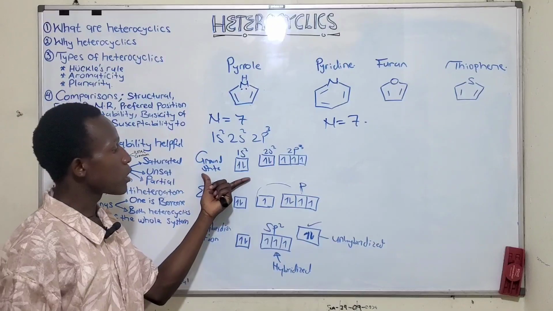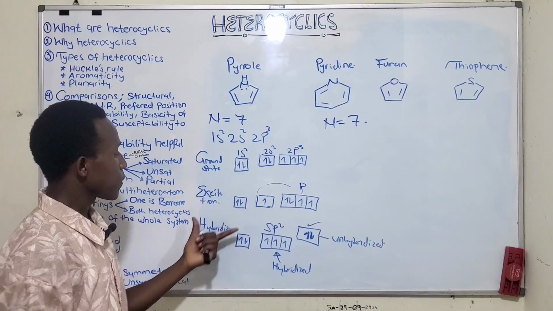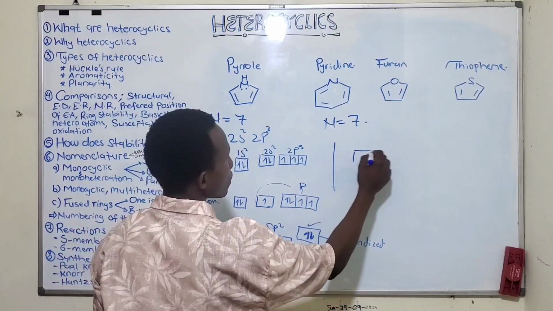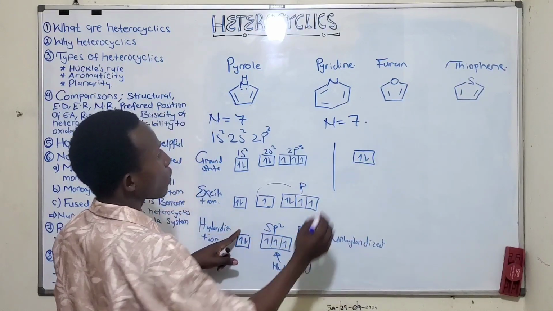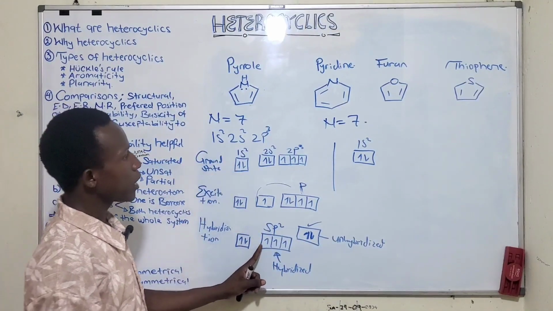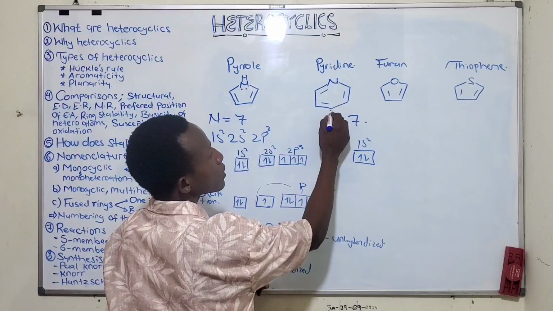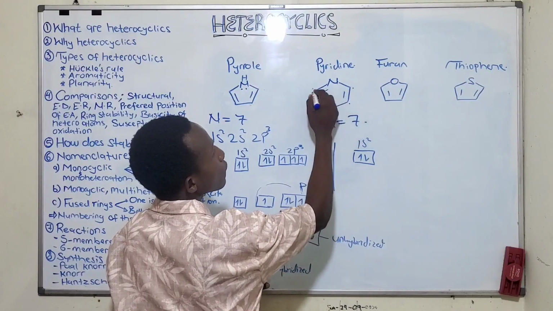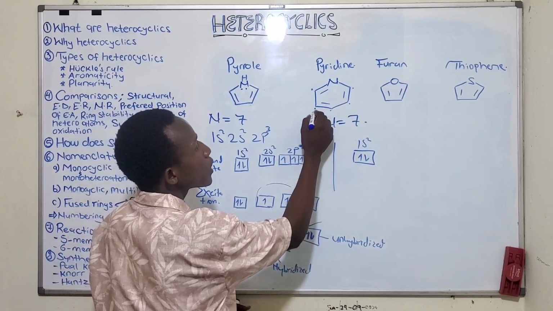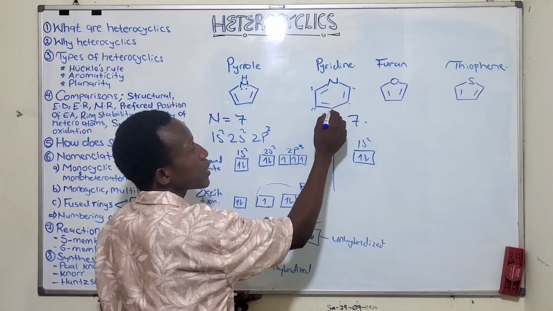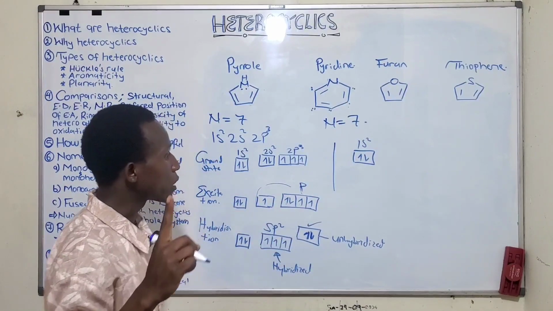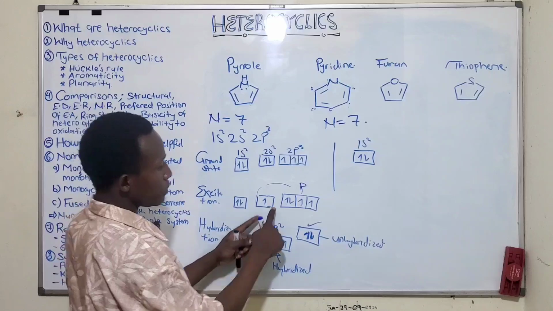Now, when it comes to pyridine, it's the same atom, nitrogen, which is 7. We shall have the same ground state and excitation state. Now, at hybridization for pyridine, it will be this. This is the 1s2. Now here, since we have 1, 2, 3, 4, 5, we have 5 unhybridized p orbitals, meaning that nitrogen will contribute only 1 electron.